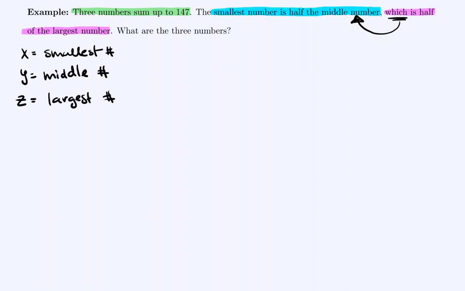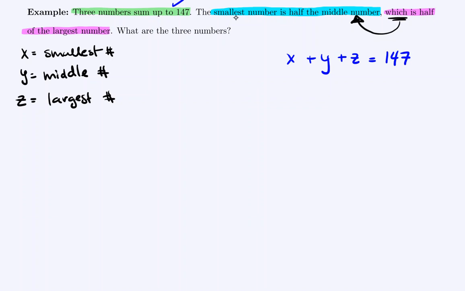Next, let's translate each of these statements. The first statement, the three numbers sum up to 147. That means if you take them all together and add them, you would get the value 147. So we've taken care of that first statement.